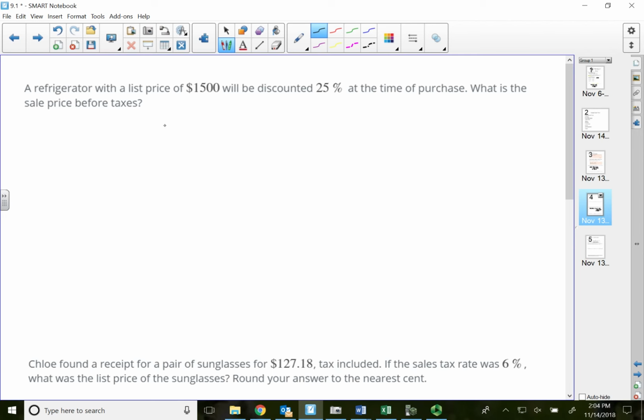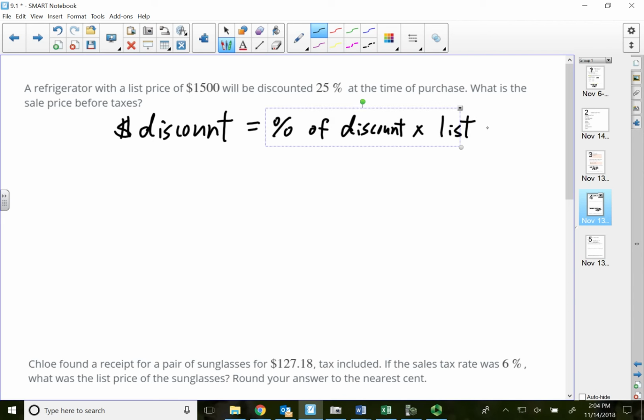So basically, if I do discount, the amount of discount, which is dollar amount, is equal to percent of discount times the list price or the original price, which 25% off is 0.25 times $1,500.